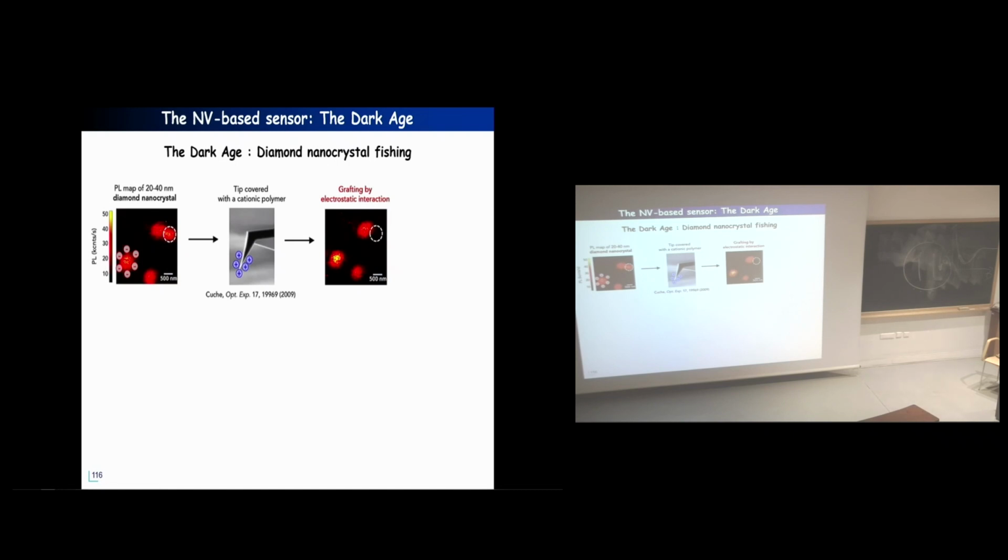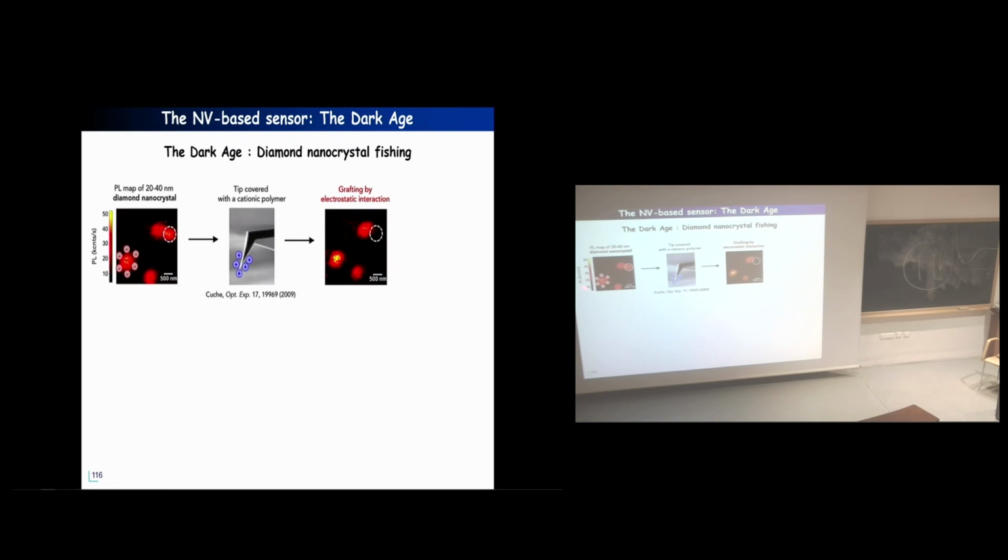But you need an NV-based sensor. So let's start with the dark side, which explains why this system was not widely used before 2020. To fabricate such a probe, you take a bunch of diamond nanocrystals, you implant them with nitrogen, you throw them on the table, and with optical techniques you are able to know which one contains 1, 0, 2, 3 NV centers.